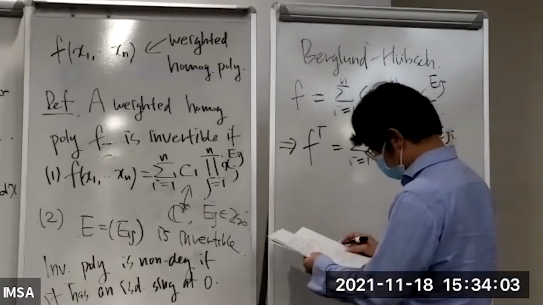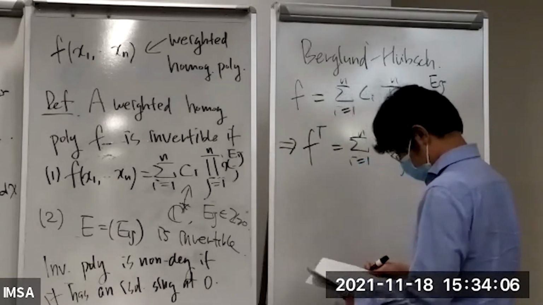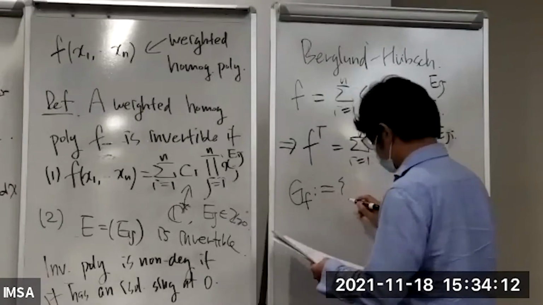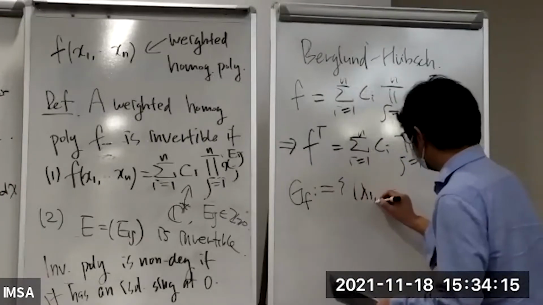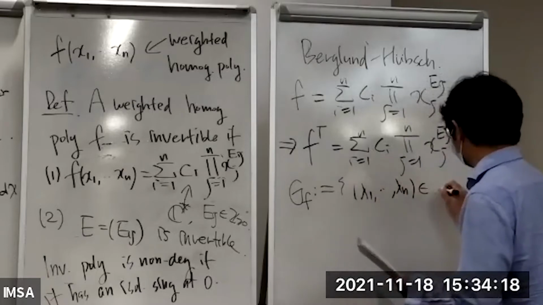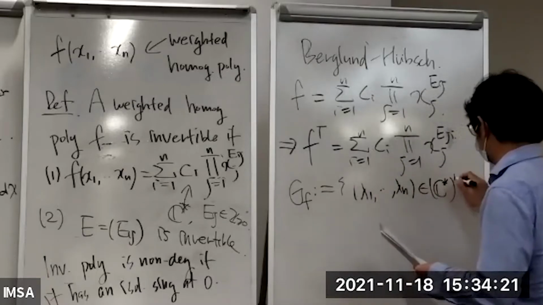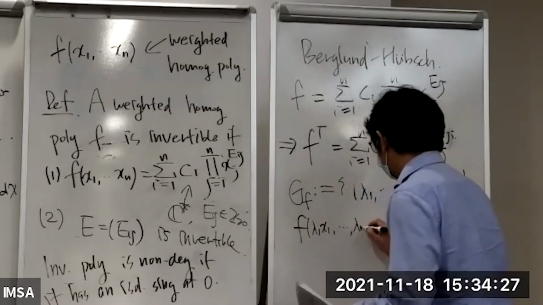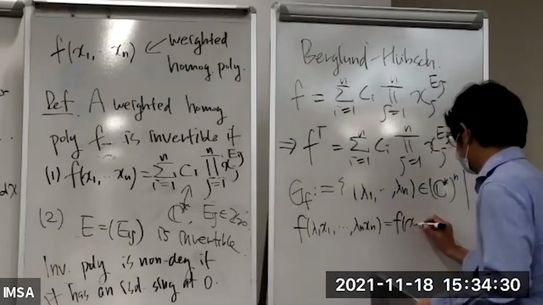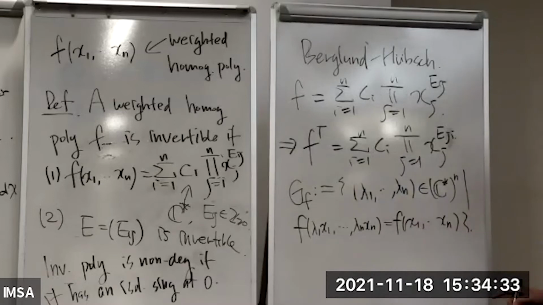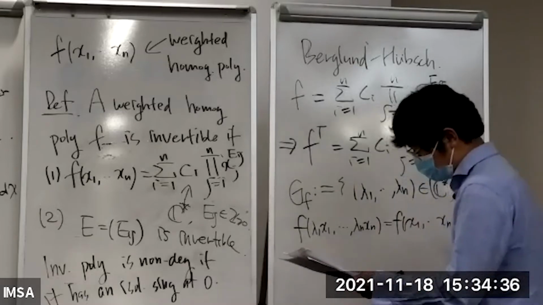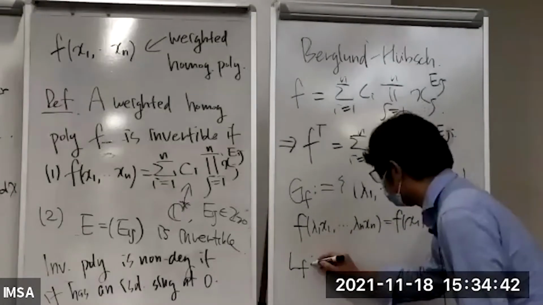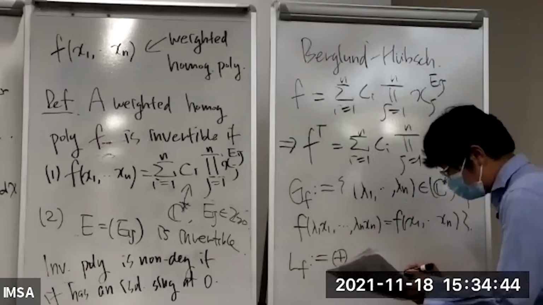So let G_F be the symmetric group acting on this, such that F(x_1, ..., x_n) is F. This is just a symmetry group, and I can define R_F, which is a grading group.